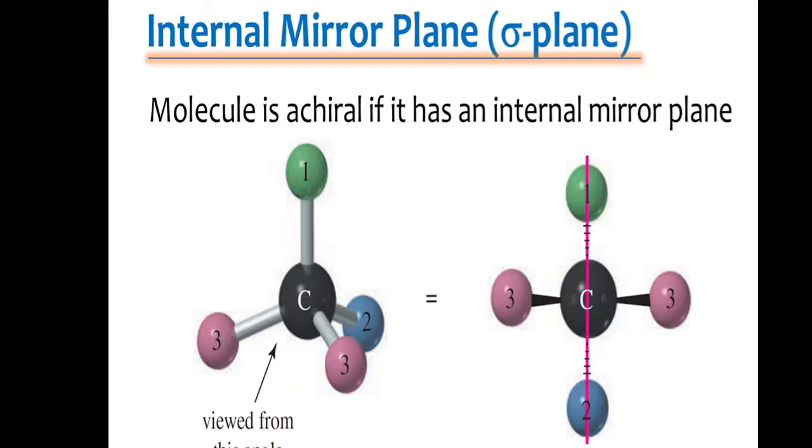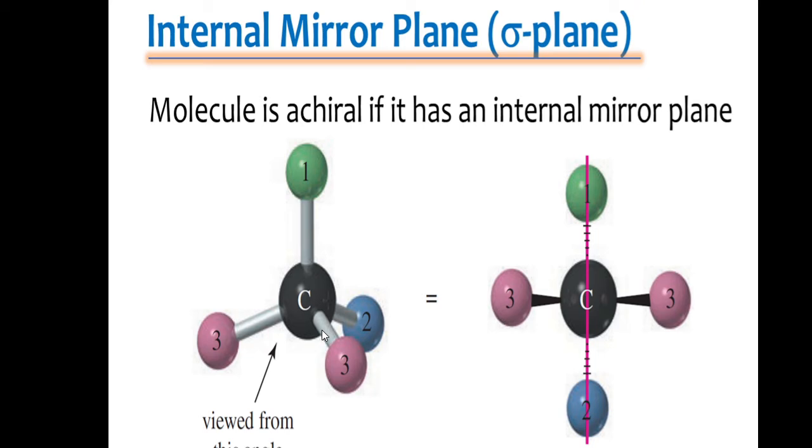The easiest way to understand whether a molecule is chiral is by checking for a plane of symmetry. Here you can see that if a plane of symmetry exists in this molecule, when we bisect the molecule through a plane passing through atoms 1 and 2, we get exactly equal halves.